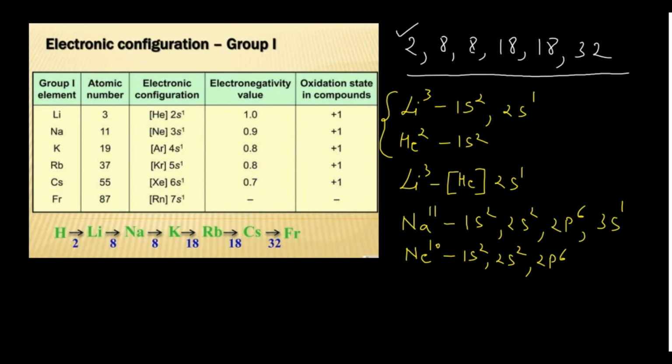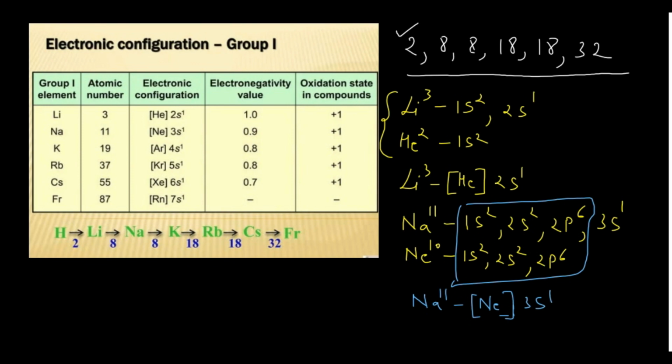Okay, so now if you compare, you see here 1s2, 2s2, 2p6, that means up to this, this part is very, very common. So what I can do, I can write sodium 11 as the electronic configuration of neon in square brackets, it is very important, right? And then you can write 3s1.